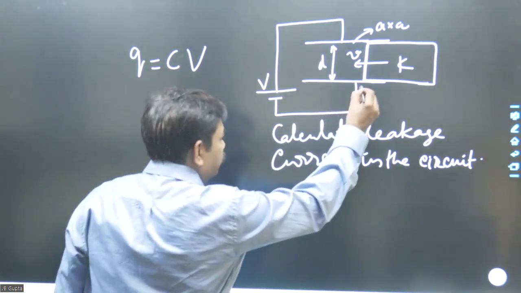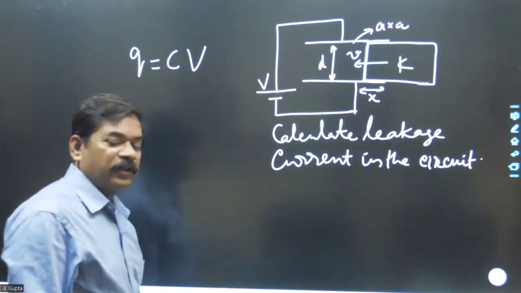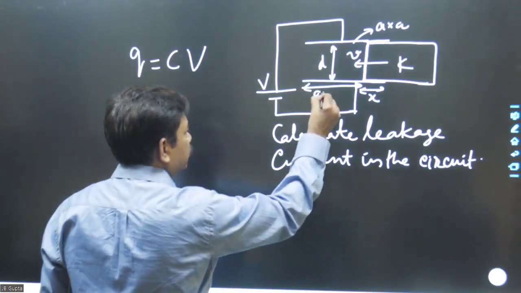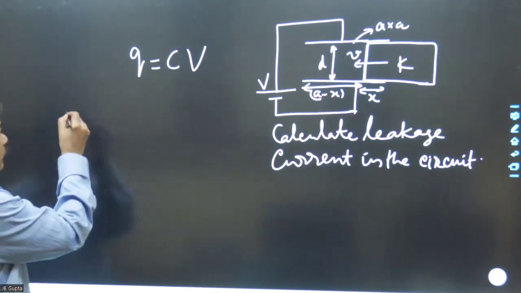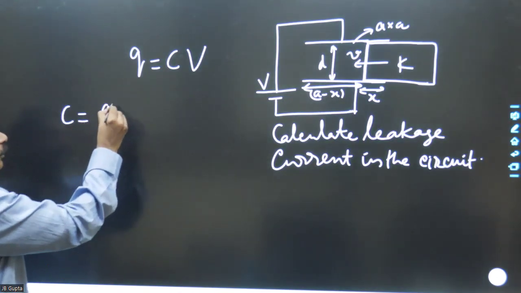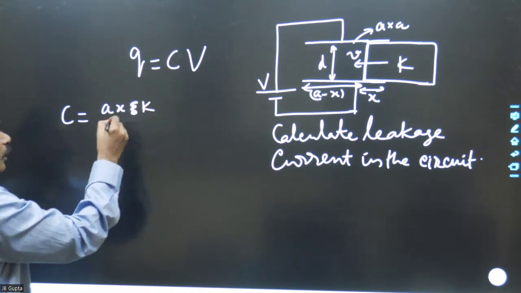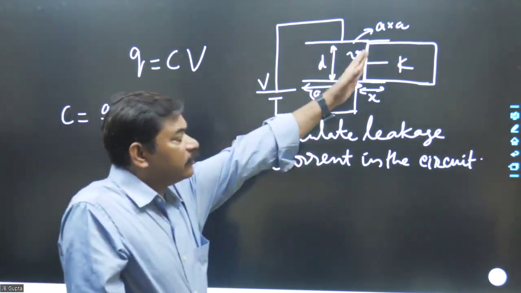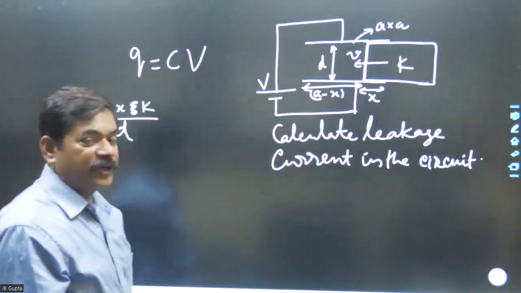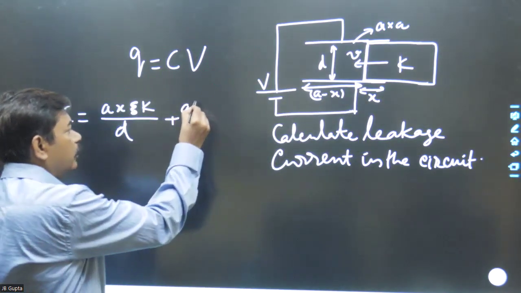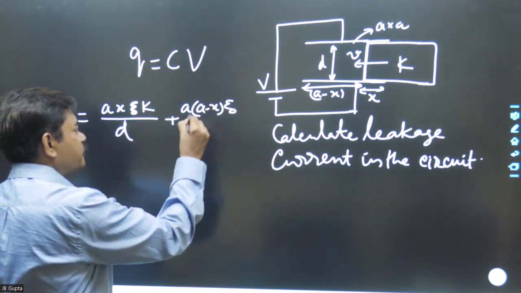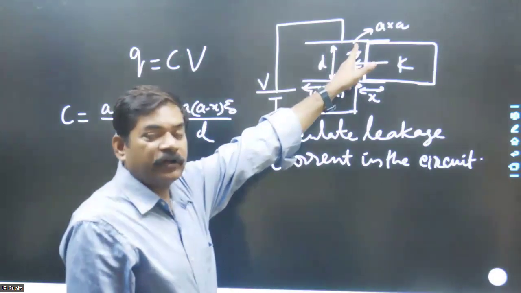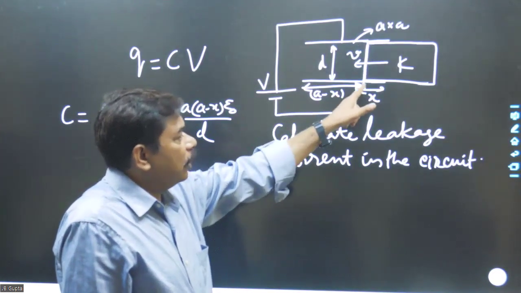Let's see, suppose at a point of time, length x of the dielectric is inside the capacitor. So the remaining length is A minus x. The capacity of the part in which dielectric is present is A x epsilon naught K upon D. The capacity of the part where dielectric is not present is A into (A minus x) into epsilon naught upon D. Both parts are in parallel, because one plate of these two capacitors are connected together and the other plates are also connected together.